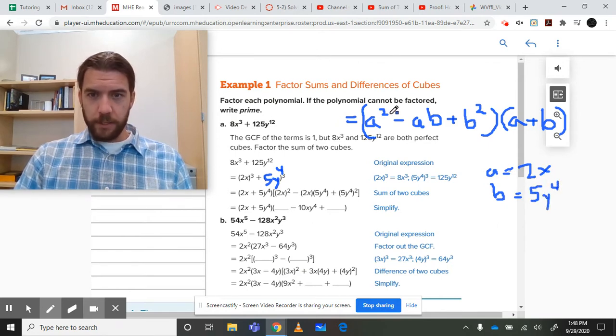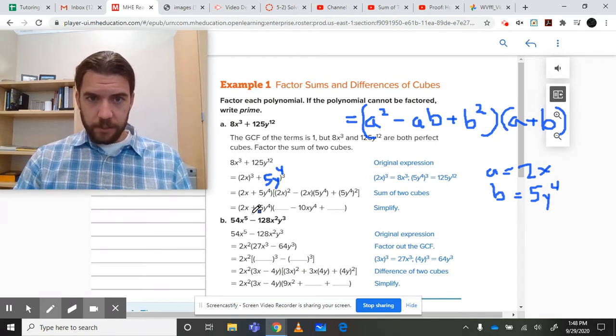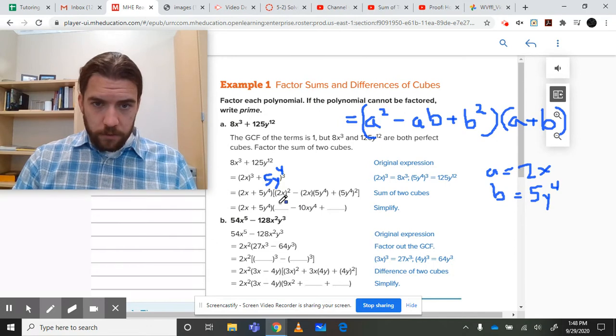And then we just plug it into our identity. Okay, so we get a plus b, 2x plus 5y to the 4th, times a squared, 2x squared, minus ab, so we put the terms in there, plus b squared. All of this part is here, and this first group is the a plus b.